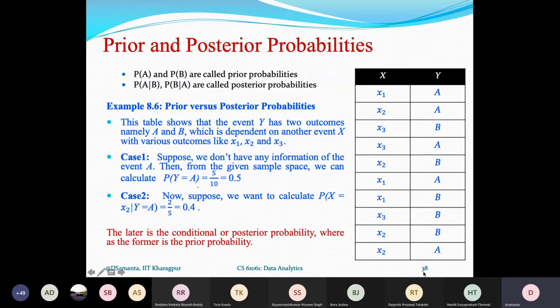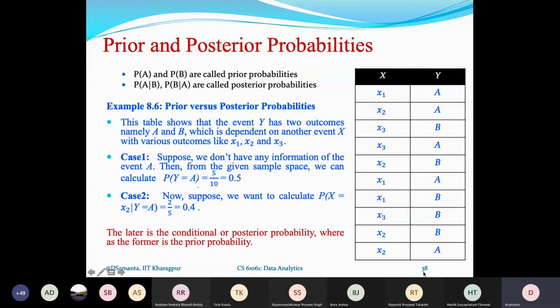This table contains two attributes, out of which one attribute is denoted as X and another attribute is Y. Actually, it is a very simple example of a test data set or training data set, whatever you can say. In this data set, there is only one attribute X, and Y is the class attribute.